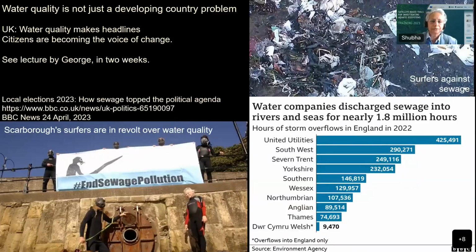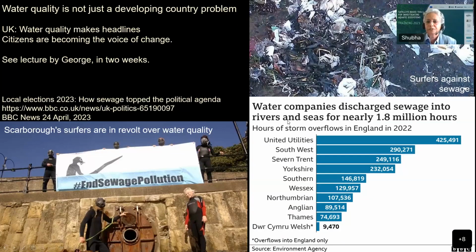But in case you think that I am talking about a third world problem or a developing country problem, think again. This is a recent article that appeared in the BBC, and it talks about the problems with sewage in waters around the UK. So these statistics I found to be staggering.